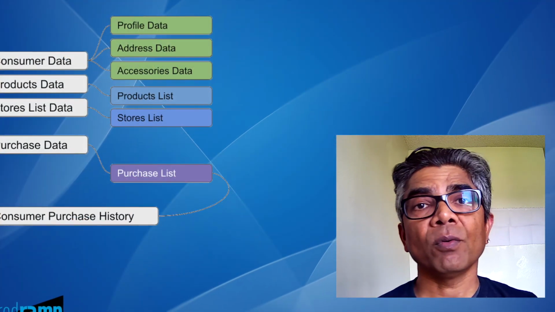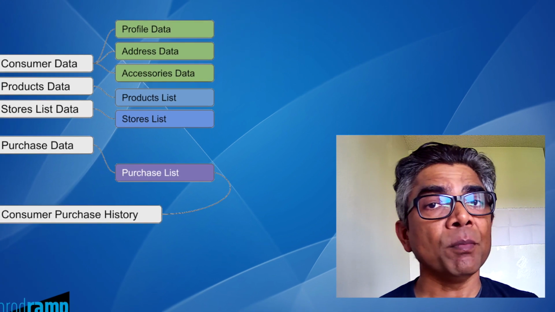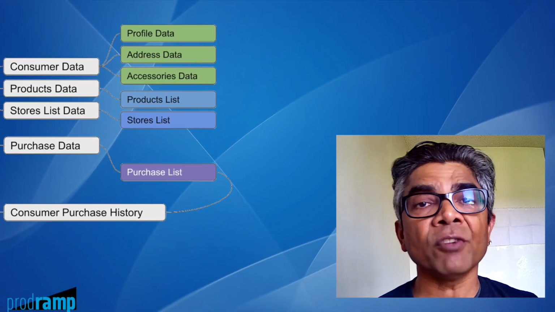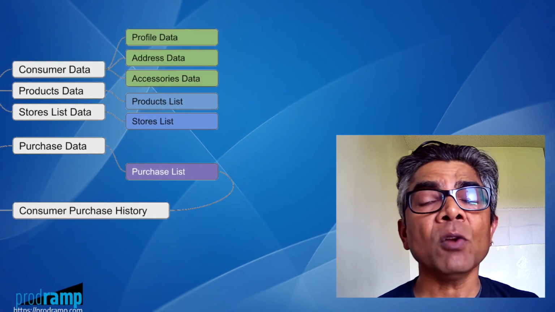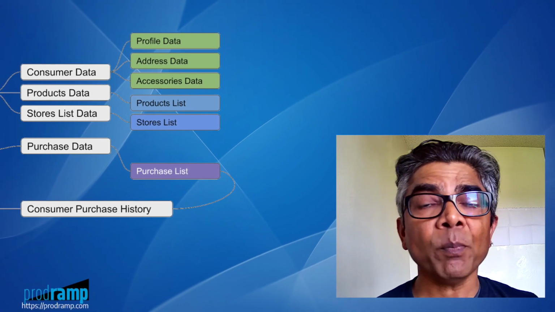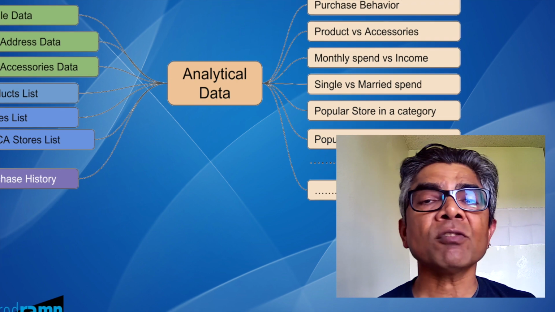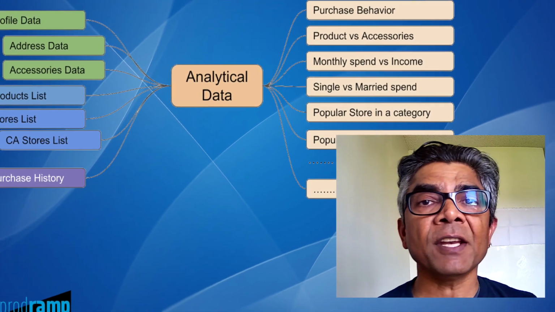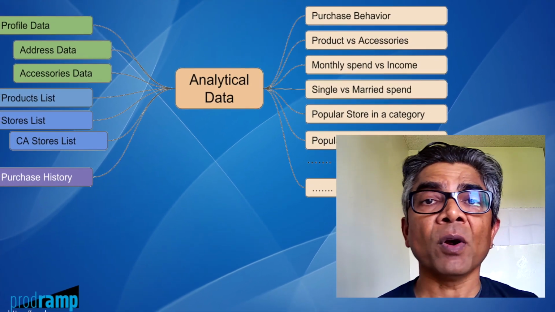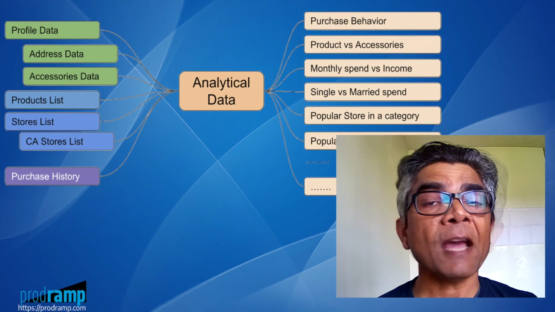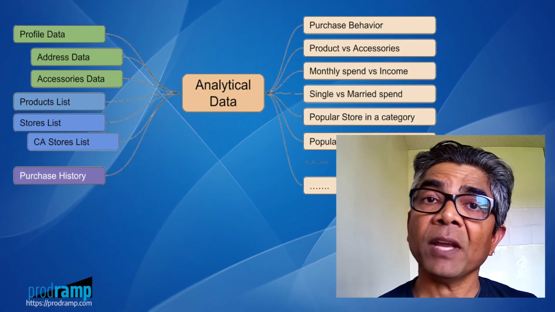After 4 phases, when our master and transactional data is ready, we include all that to help us build our purchase history. And now, combining master, transactional, and analytical data, we are ready to perform the retail data analytics in phase number 5 and 6.